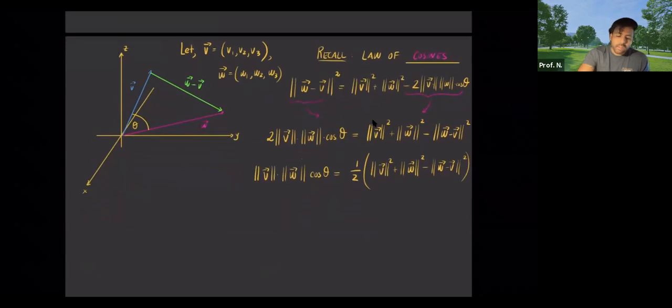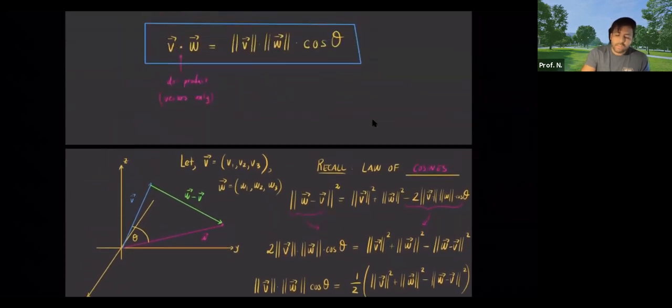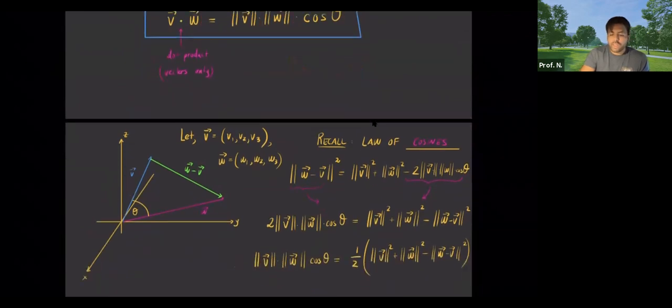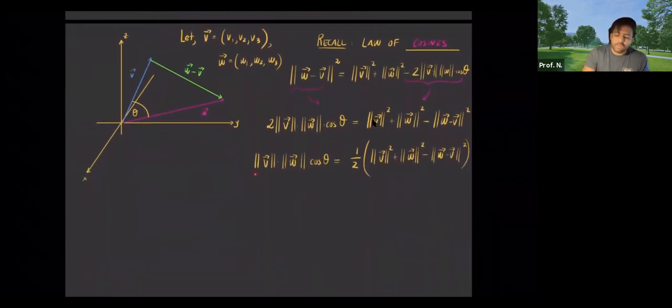Well, I just defined the dot product of V and W as the product of the length of V with the length of W times the cosine of the angle formed between the vectors V and W. So I just found that this is equal to the dot product, the way it's defined.